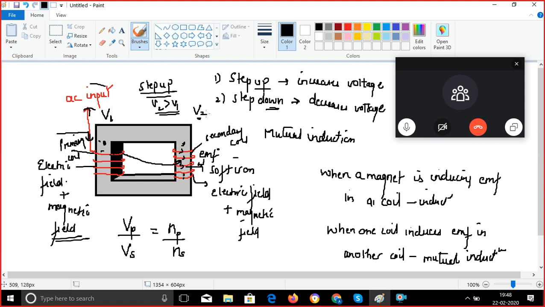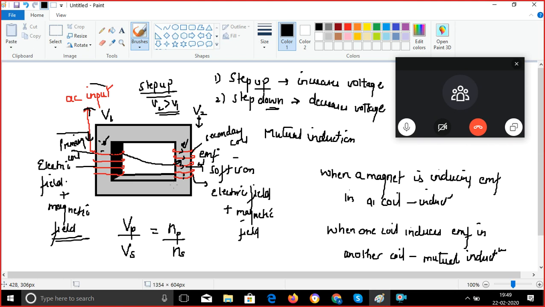And if it's a step down transformer, the number of coils will be larger here or lesser here, right? If you want to decrease the voltage, you have to decrease the number of turns.